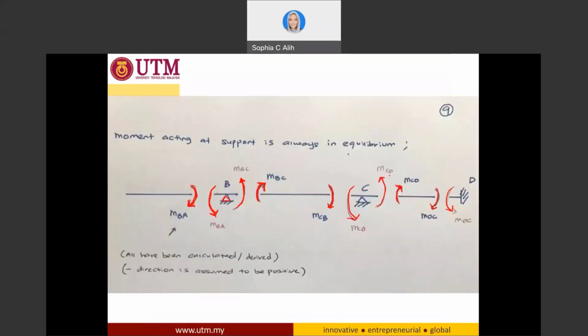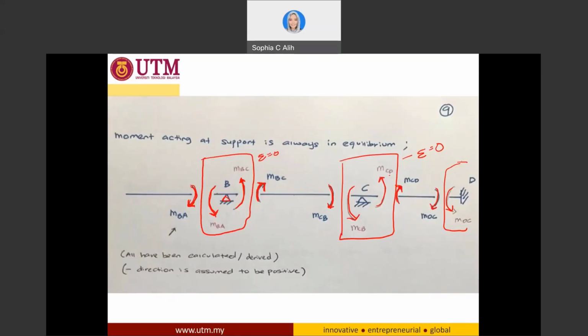So you take this one, this MBA plus MBC should total 0, and you take this one, you balance this with the fixed end moment over here. Okay, so we can solve this one first.